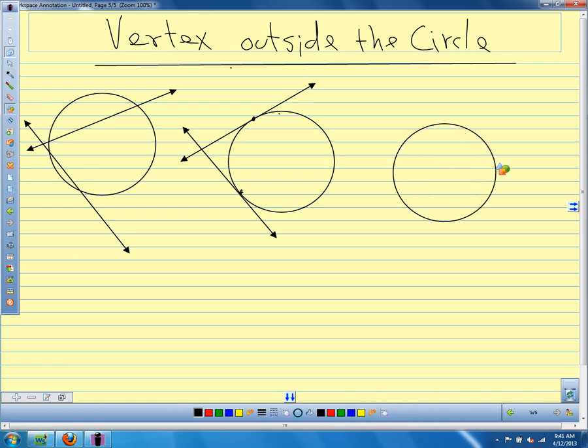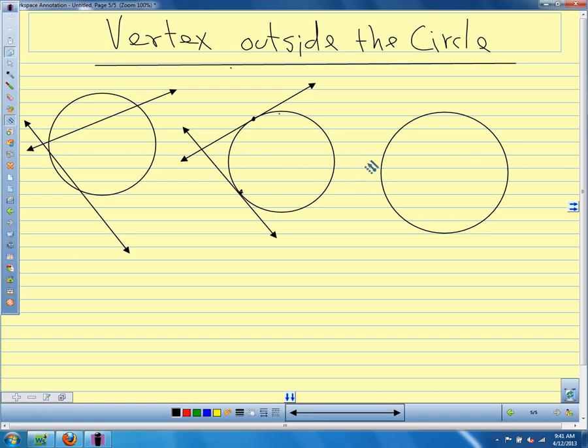So something like this. So in all of these cases, I have the vertex outside the circle, and the sides of the angle intercept two different arcs. So here's one arc, here's the other arc, one arc, other arc. So these are the three situations where a vertex can be outside the circle.